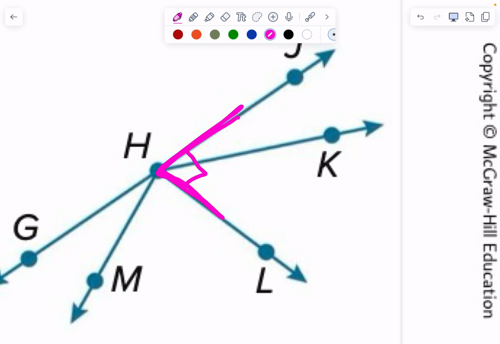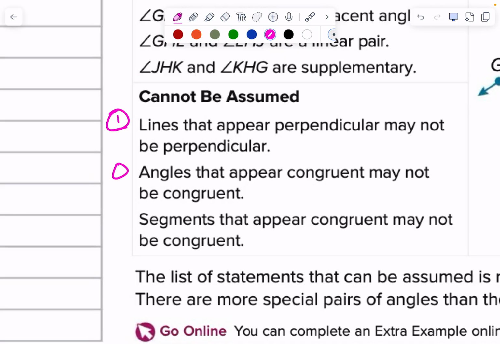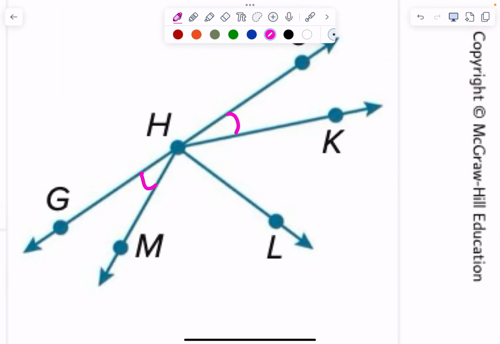You can assume straight lines are 180, but even though it looks like 90, we cannot assume that. We cannot assume perpendicular lines. So that's number one. Number two, angles that appear to be congruent may not be congruent. Just because this angle looks like it might be the same measure as that one, we cannot assume that unless they put the little marks in there, right?